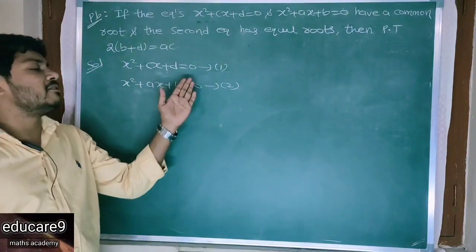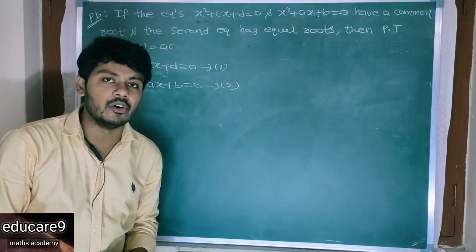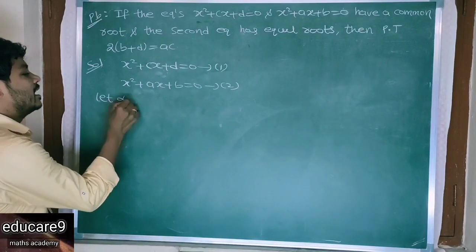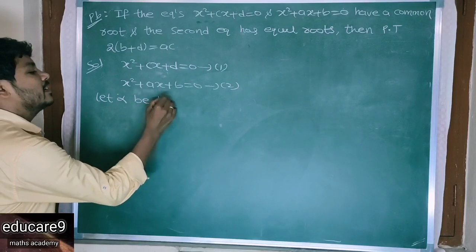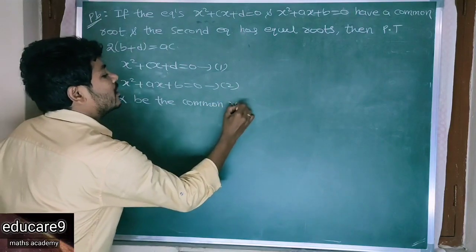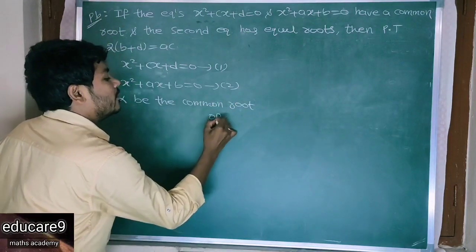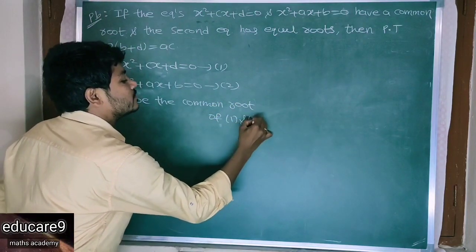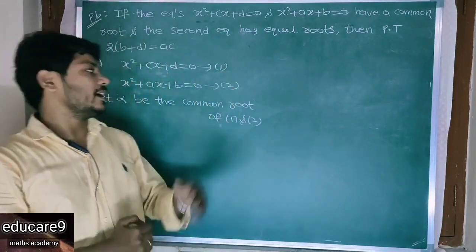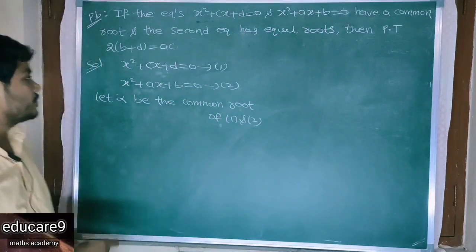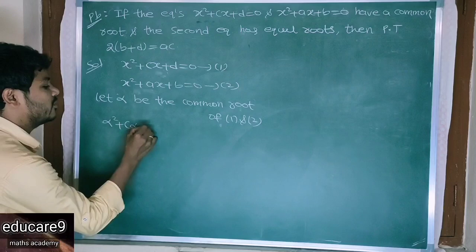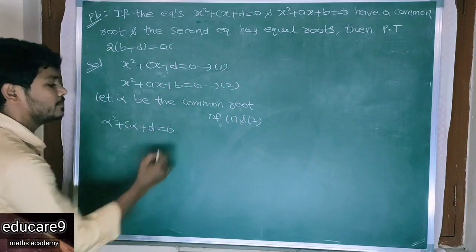If both equations have the common root, let alpha be the common root of 1 and 2, meaning this alpha satisfies equation 1 and equation 2. So that is alpha square plus c alpha plus d is equal to 0.